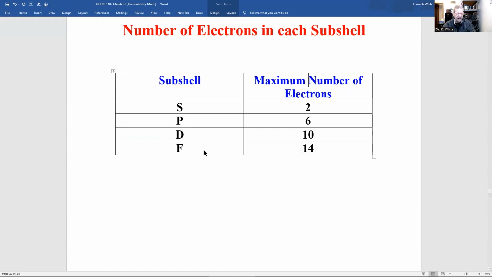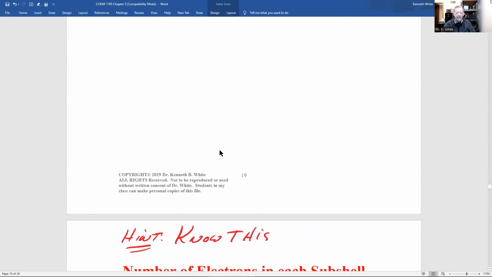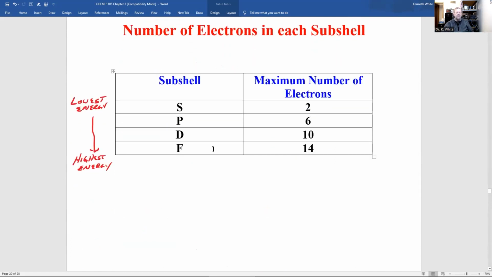And once again, like the other table, S is the lowest energy, which I had up before right here. But you should remember, as you go down the table, the electrons in that subshell are higher energy. S is the lowest, F is the highest.